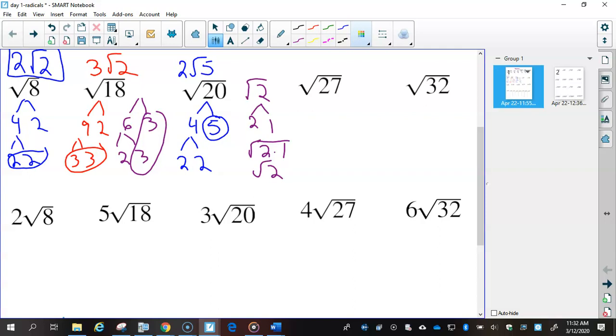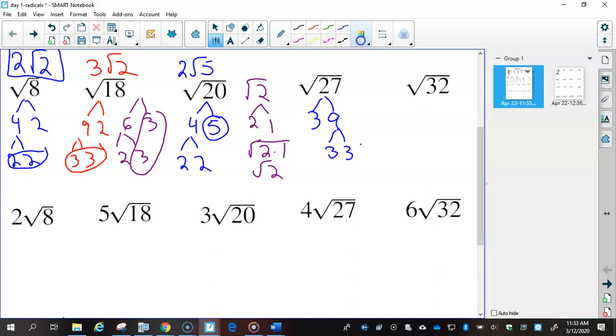Yes, Mary. So for the square root of 18, it would be 3 and 2. 3 times the square root of 2. Yeah. Okay. For 27, give me 2 factors. 3 and 9. How could we break this down more? 9 to 3 and 3. Do we have a pair?